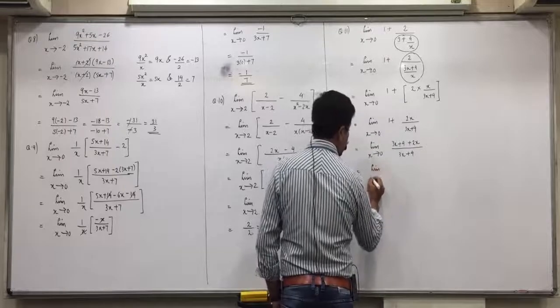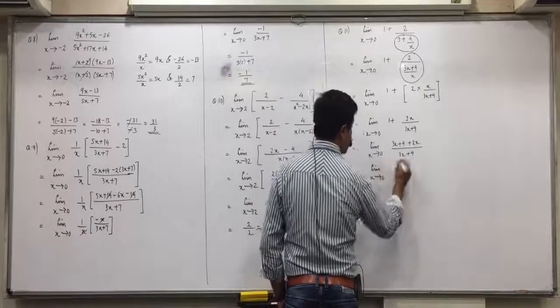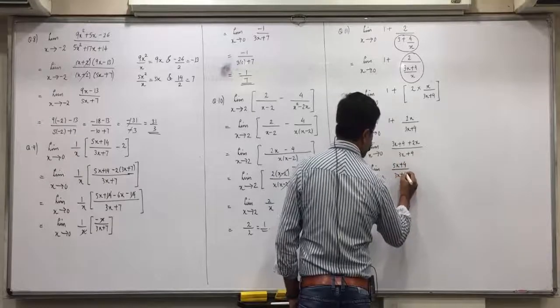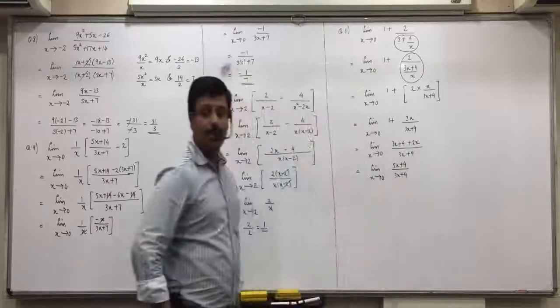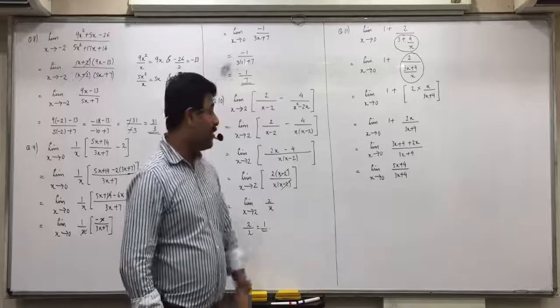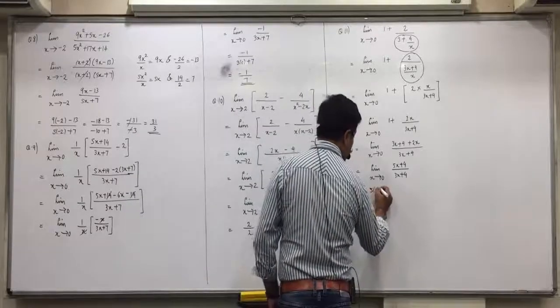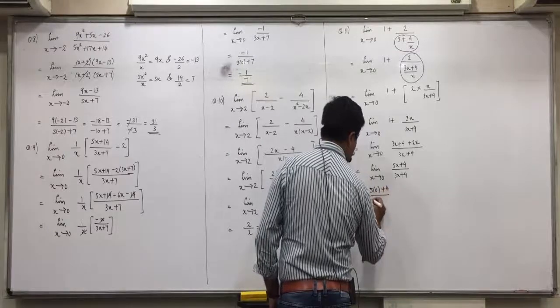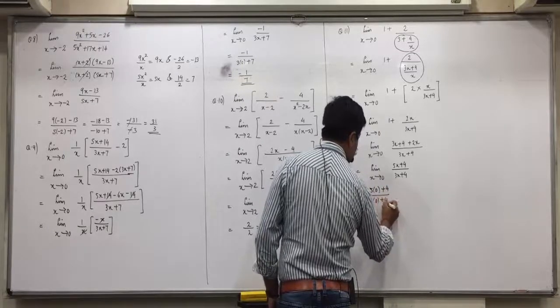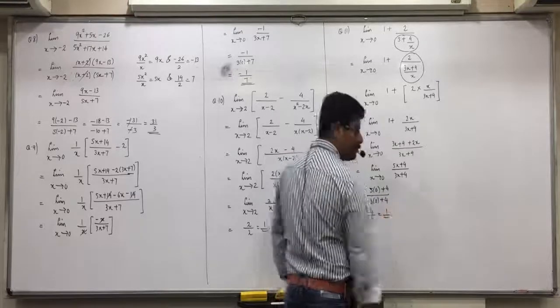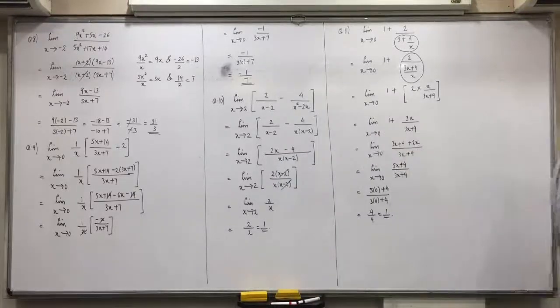What is 3x plus 2x? 5x plus 4 upon 3x plus 4. There is no need of common. Straight away we can substitute the values even without getting x in common. So 5 into 0 plus 4 upon 3 into 0 plus 4. 4 by 4, 1. So all are clear with this?